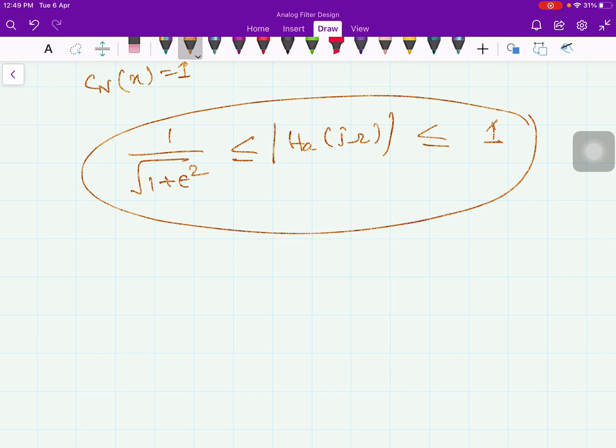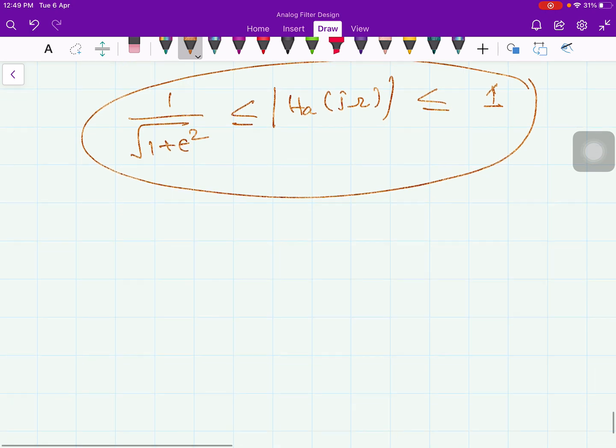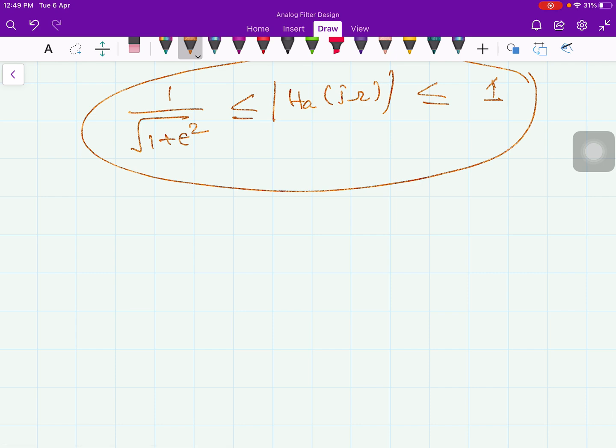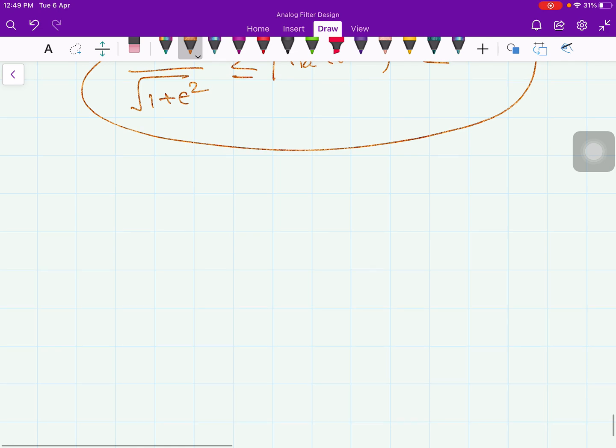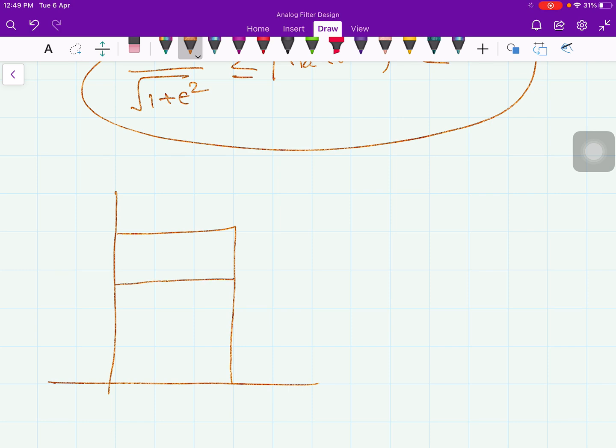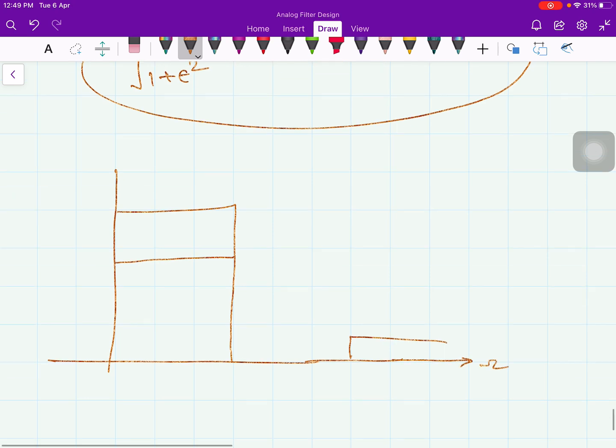Okay, now let us draw a few more pictures and then let's see. So this is the pass band and my stop band starts from here, omega.